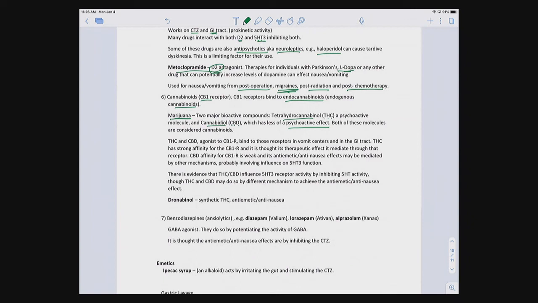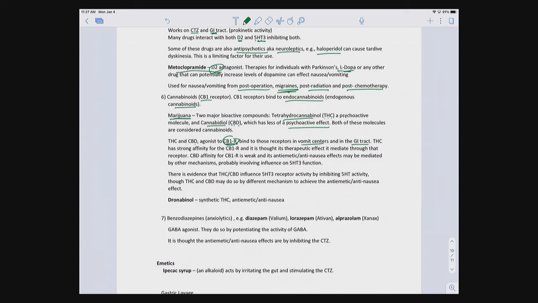The receptor interaction of these two molecules is rather interesting. THC and CBD are agonists to the CB1 receptor, but not to the same degree. You'll recall that CB1 receptors are found in the vomit centers and in the GI tract.